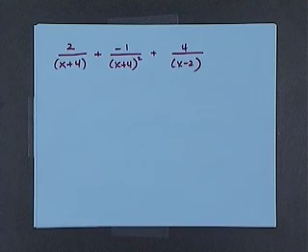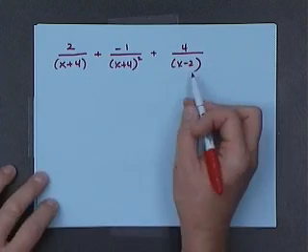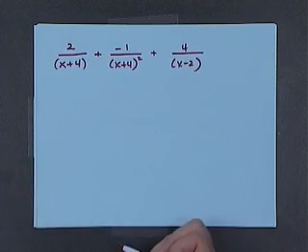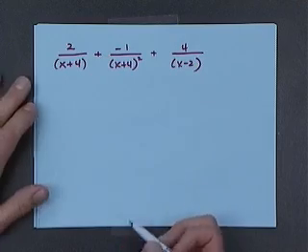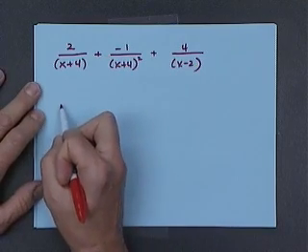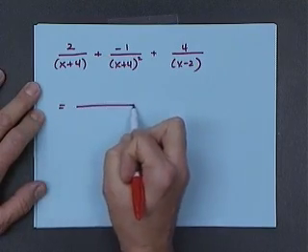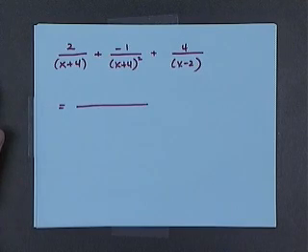Can we put those three things together into a single fraction? This is not the calculus problem yet. This is the algebra problem that we're going to probably draw more from than we drew from the previous problem. If we were to put these together, what would be the common denominator?